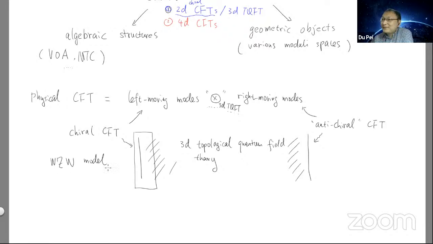As a reminder, the WZW model is specified by a choice of compact Lie group and a positive integer k, known as the level. And then in the bulk, the theory that lives in the bulk can be chosen to be the three-dimensional Chern-Simons theory.